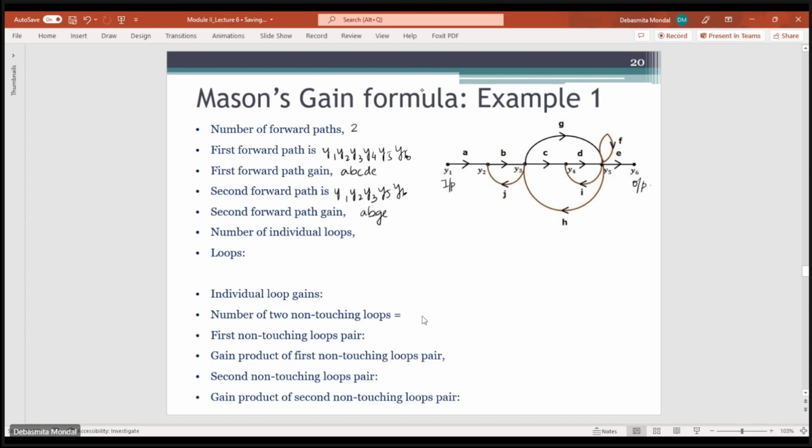Yes, ma'am. Okay. So now can you tell me how many individual loops are present? How many loops are there in this graph? Loops means it starts from one node and then comes back to the same node after following some other path.